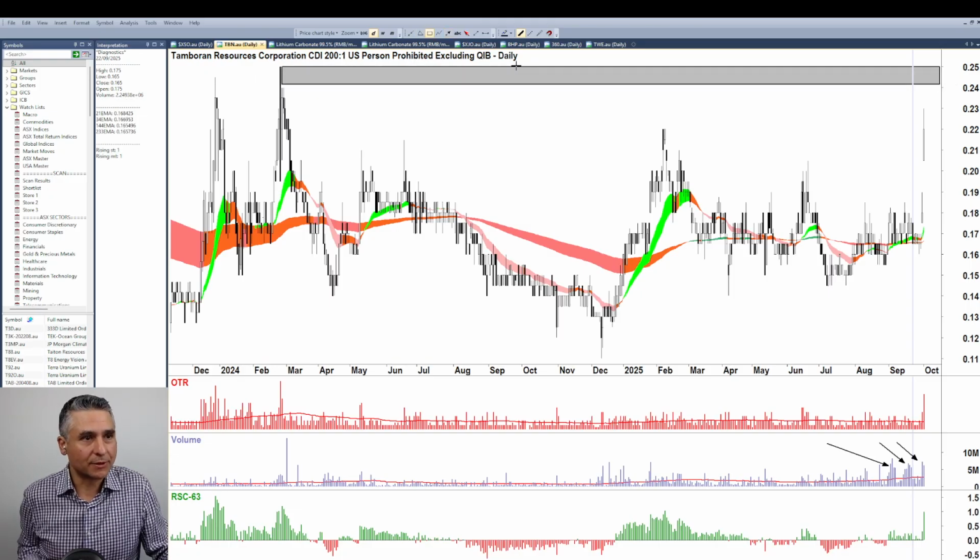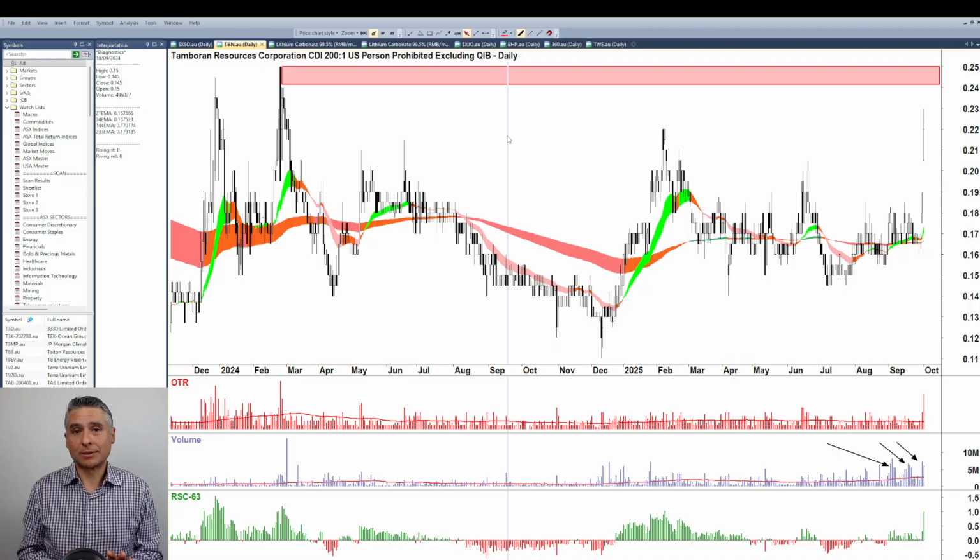Look, and I always preface these things by saying, I don't know what's going to happen next. Okay, I don't know anything about this stock, nor do I want to know. If you were to come up to me and tell me about Tamboran Resources, Carl, you've got to check out their tenements. Mate, their tenements are incredible. They're bordering BHP, Northern Star, Evolution, Pilbara Minerals. Mate, they've got gold, they've got lithium, they've got iron ore. It's all in the same place.